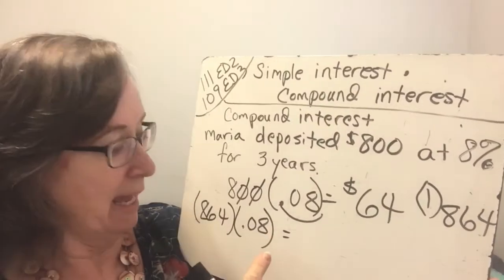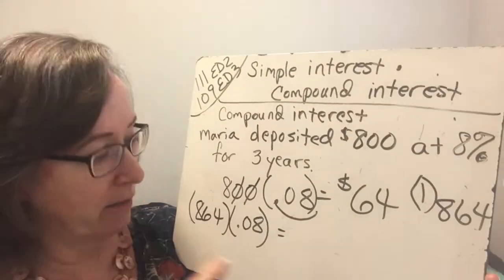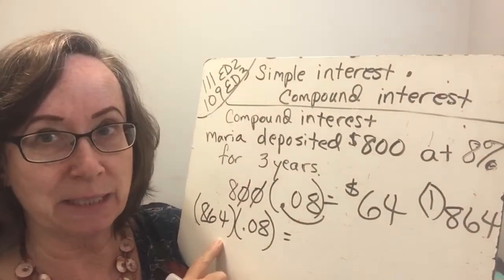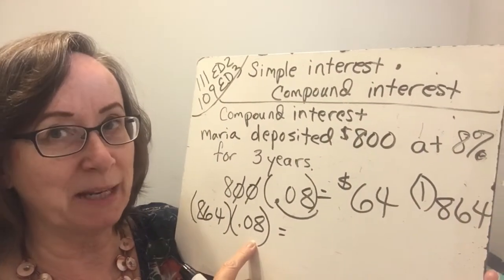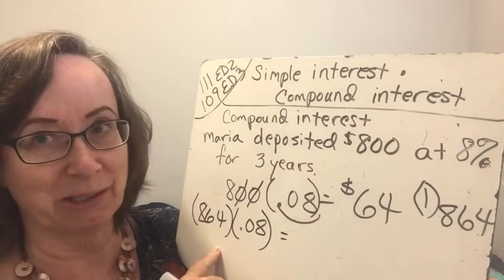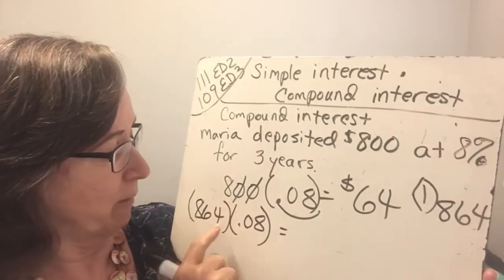So now, at the end of the second year, she's going to have this much money as interest, which will then be added back into her account. So let's figure out what this is.